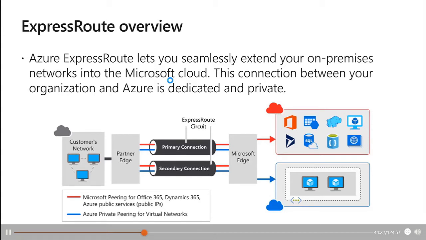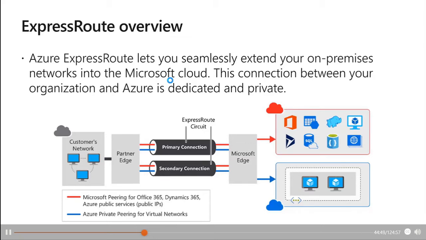If you see there, you have your customer network on the diagram, then you make a connection to a partner edge. So there's a partner involved, usually a local internet service provider, an enterprise internet service provider. And then that partner has to have redundant circuits to the Microsoft Edge, so basically to the Azure data centers.